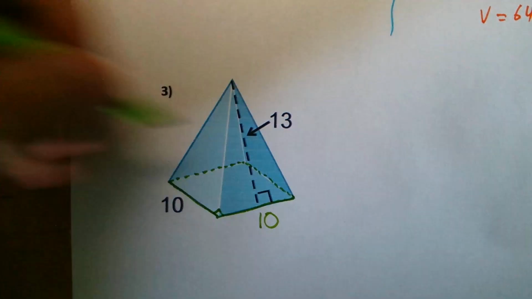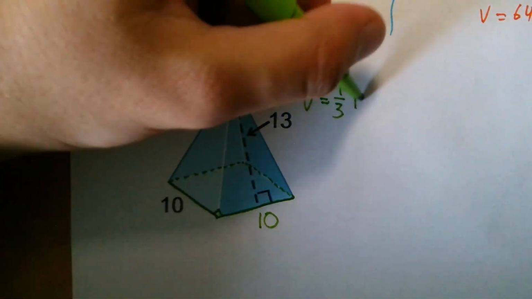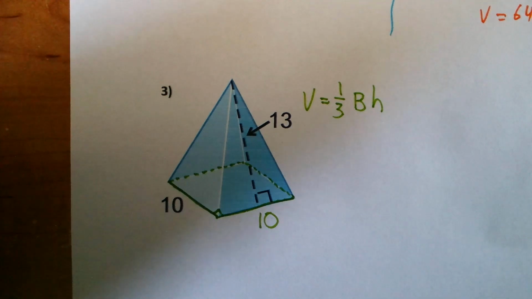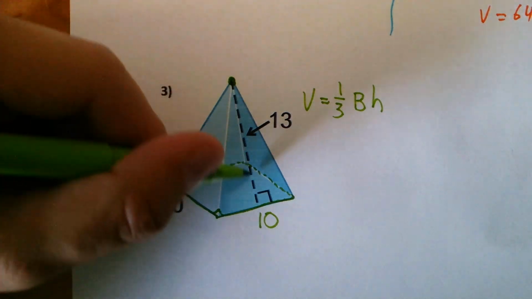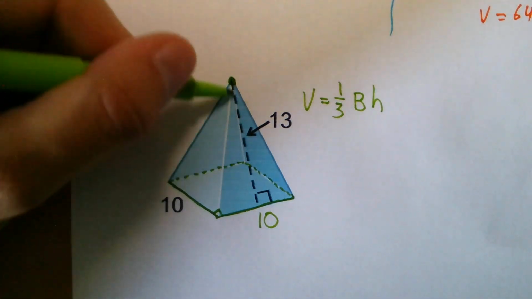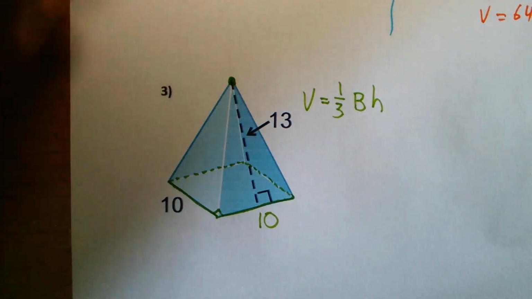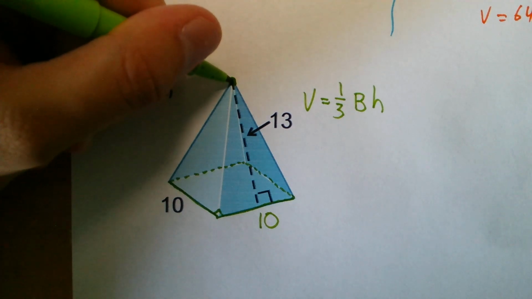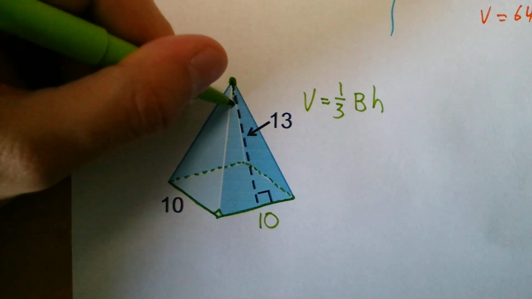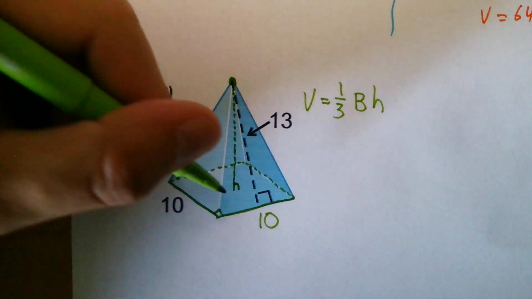Okay, so just like before, I know my formula is volume equals 1/3 capital B for base area times height. Here's the problem. On this example, this measurement that they're giving us, the 13 units, is not the height. The height, if we look at the other two examples, was measured down from the vertex, we call it, of the pyramid, down to the very center of the base at a right angle.